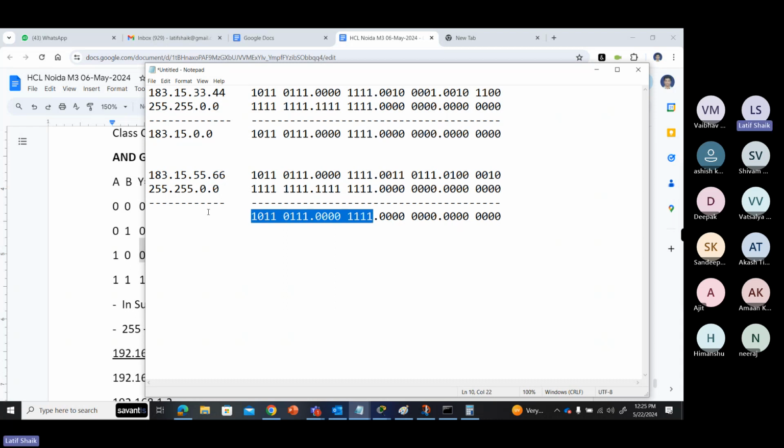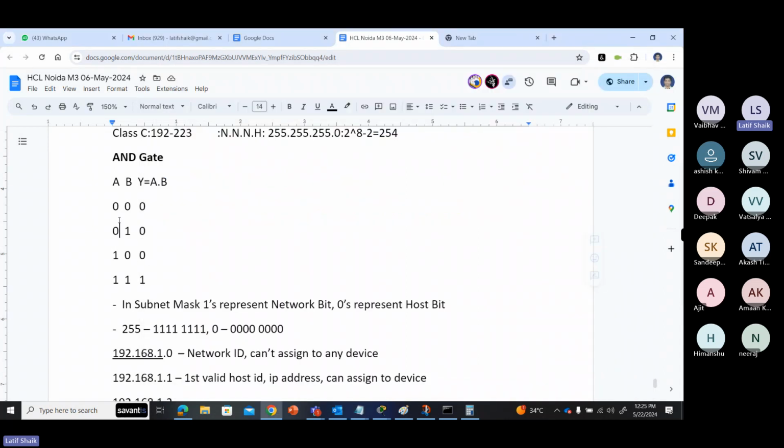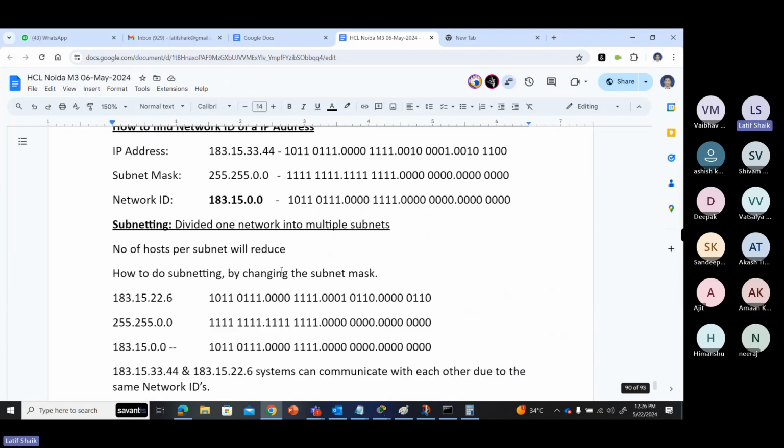Of course, you get the same result. It means this system and this system are both in the same network. Their network ID is the same, so they will communicate with each other. Two systems having the same network ID can communicate with each other.